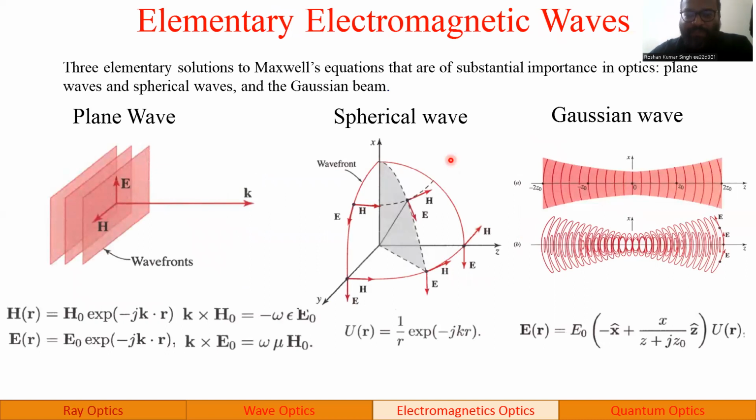Now, when we try to find the solution of the Maxwell equations, we get three types of equations, and these are the three types of elementary electromagnetic waves. First is the plane wave, in which the E field and H field are both perpendicular to the k vector, which is the direction of propagation, and follow these two equations.